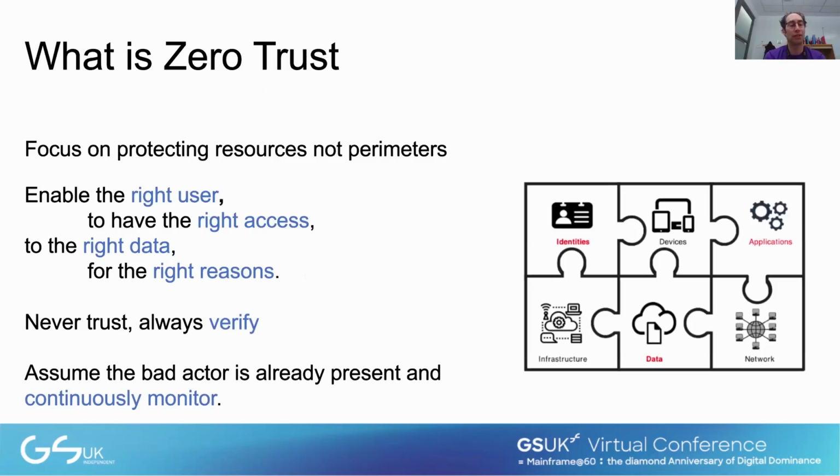You'll hear the statement that we've got on the left here quite often: it's all about enabling the right user to have the right access to the right data for the right reasons. Aiming to never trust anybody, always verify, and assuming that the bad actor is already inside. Historically, security measures have been aimed at keeping bad actors out, so you've had perimeter security. But more increasingly, the bad actors are inside.